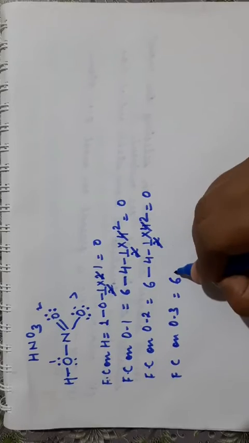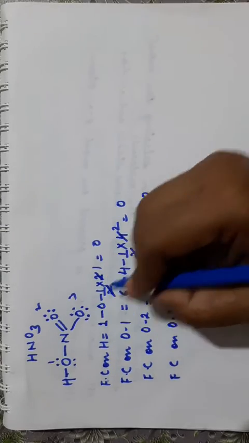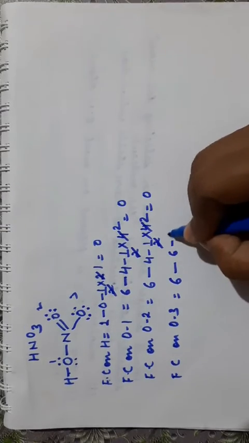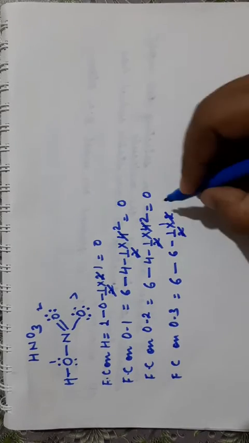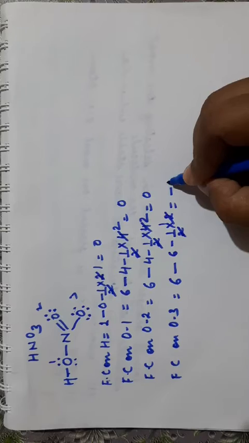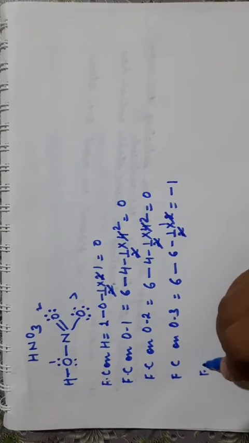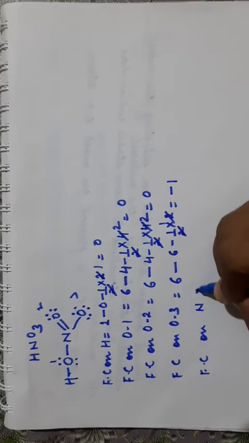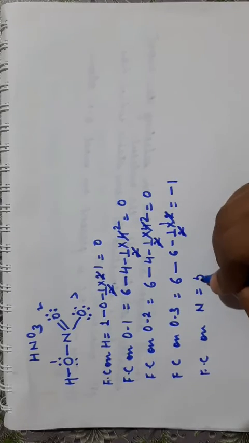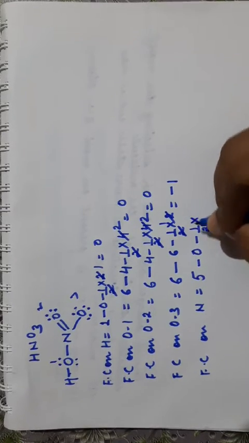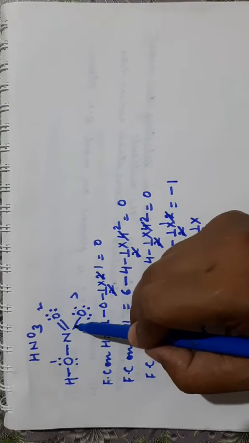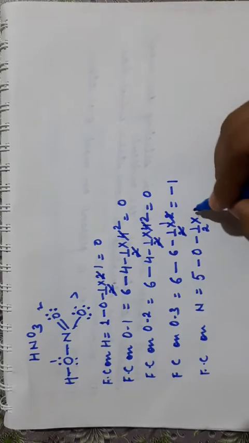Formal charge on oxygen 3: valence electrons 6, minus non-bonding electrons 6, minus half into bonding electrons 2. So what is the charge? Minus 1. Formal charge on nitrogen: total valence electrons 5, non-bonding electrons 0, bonding electrons 2, 4 and 4, which is 8.